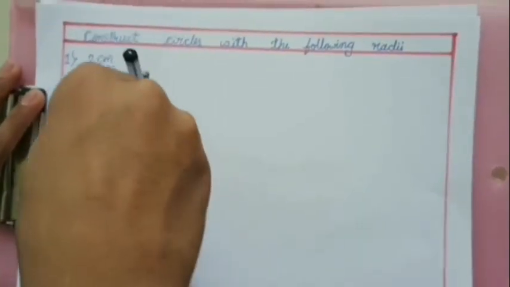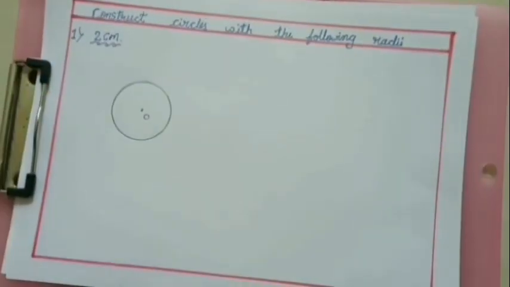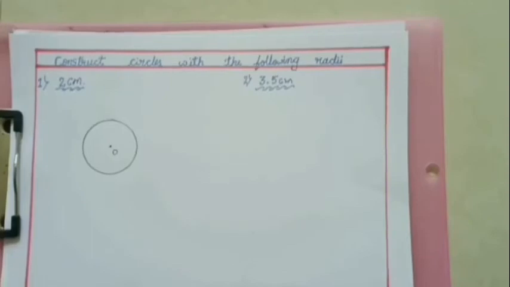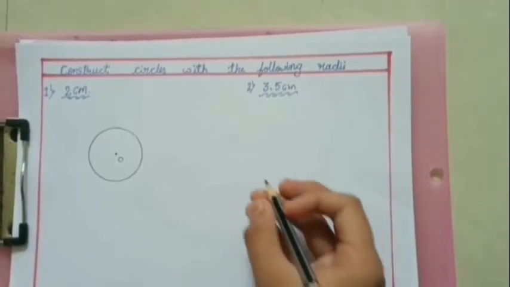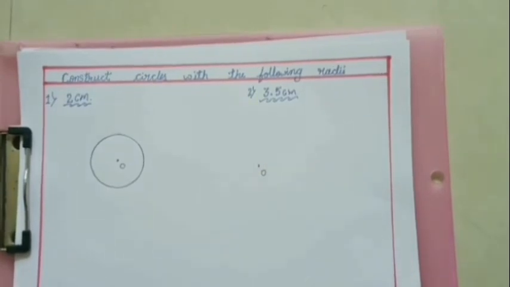Now we will take a sheet. Keep the metal tip on the center and draw a circle like this. Now we have a circle with 2 centimeter radius. Like that only we will draw another circle with 3.5 radius.